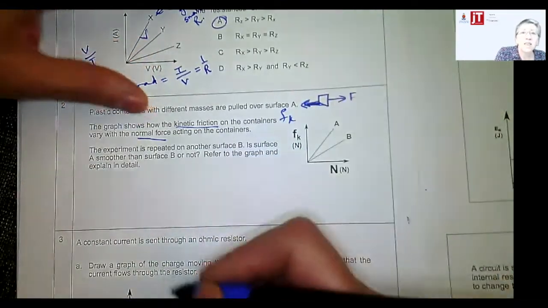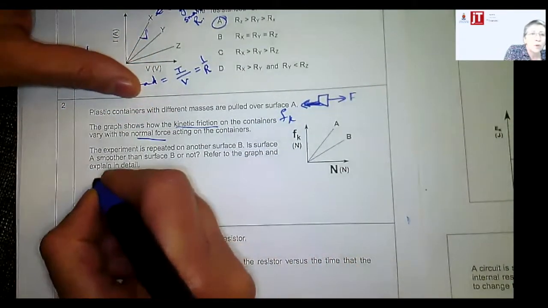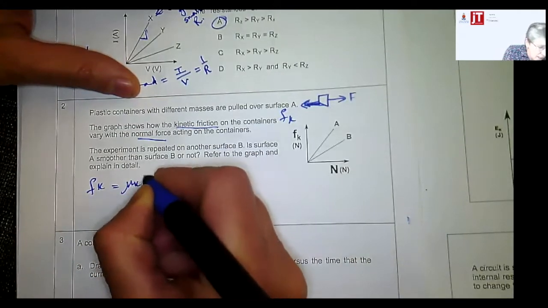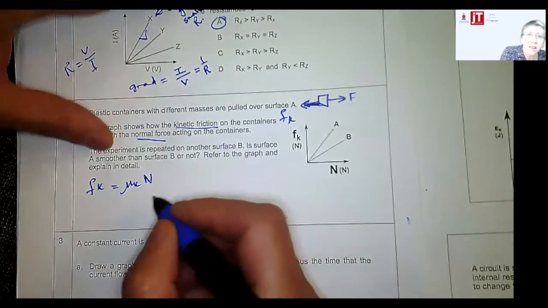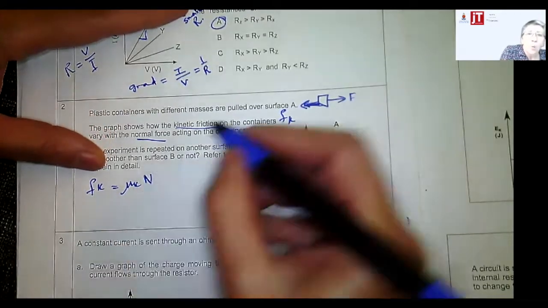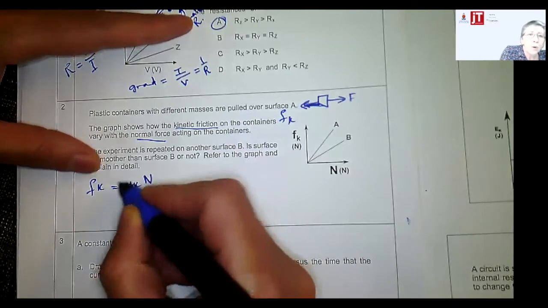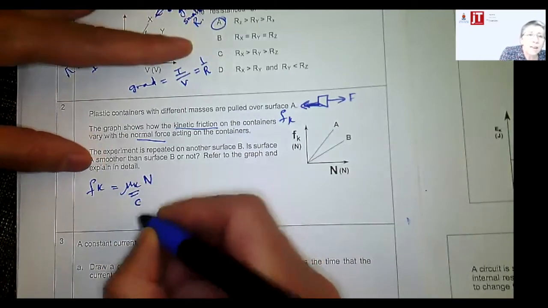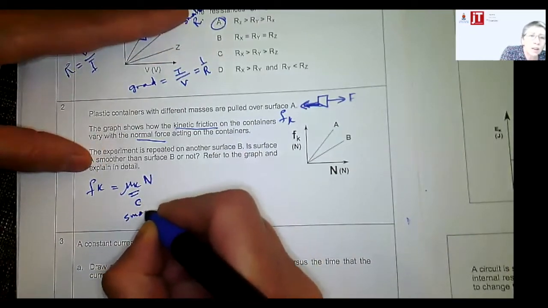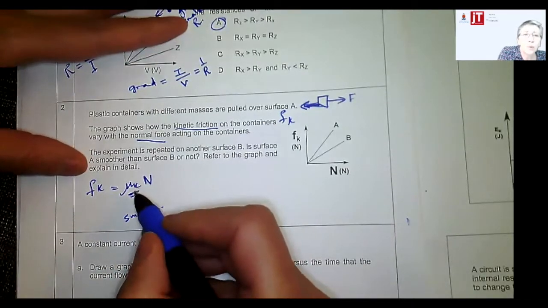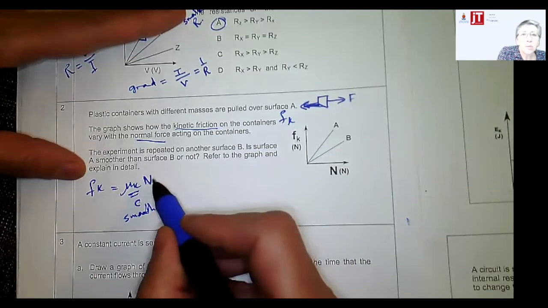And now, what does the kinetic friction depend on? Well, for kinetic friction, you have the equation mu k times N, right? And when you're on a specific surface, that mu is a constant. It depends on how smooth my surface is, right? Smoother is a smaller mu, right? So what is the relationship between F and N?